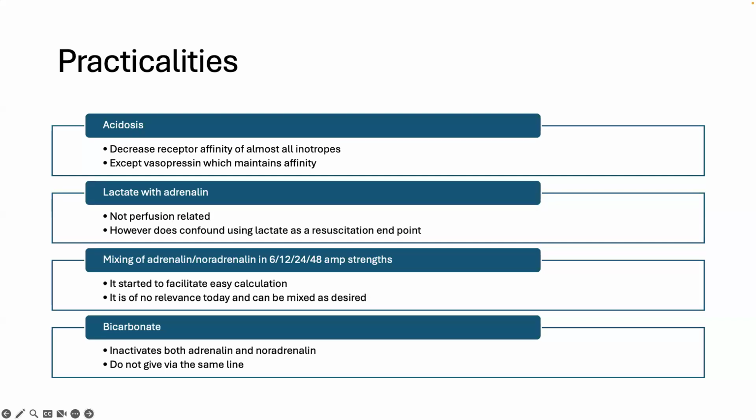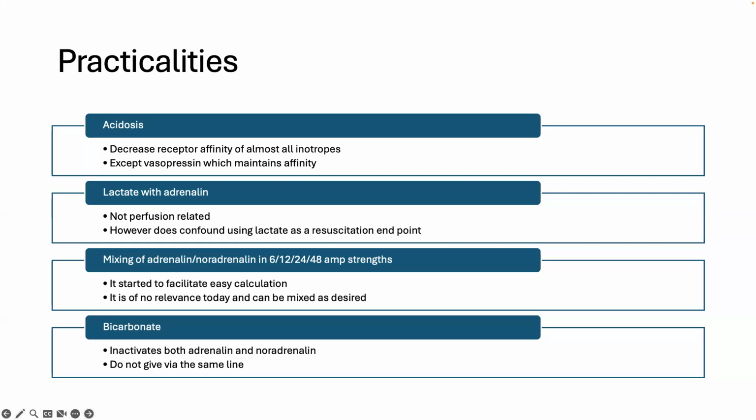Generally it would be about 1 microgram per hour that you would be giving the patient. Obviously, with our infusion pumps at the moment, the pump would infuse it at the concentration you have, and you can mix your adrenaline and noradrenaline whichever way you want. There's no reason that it needs to be 6 or 12 amps.